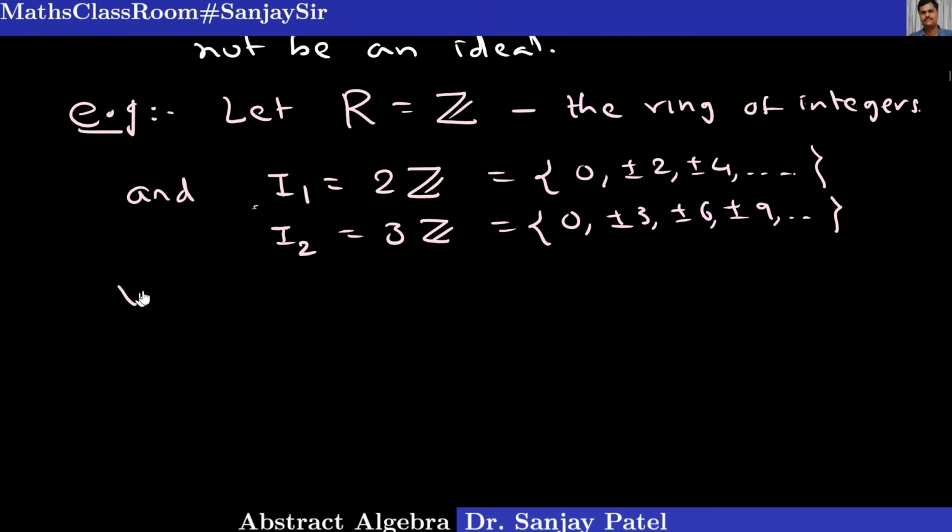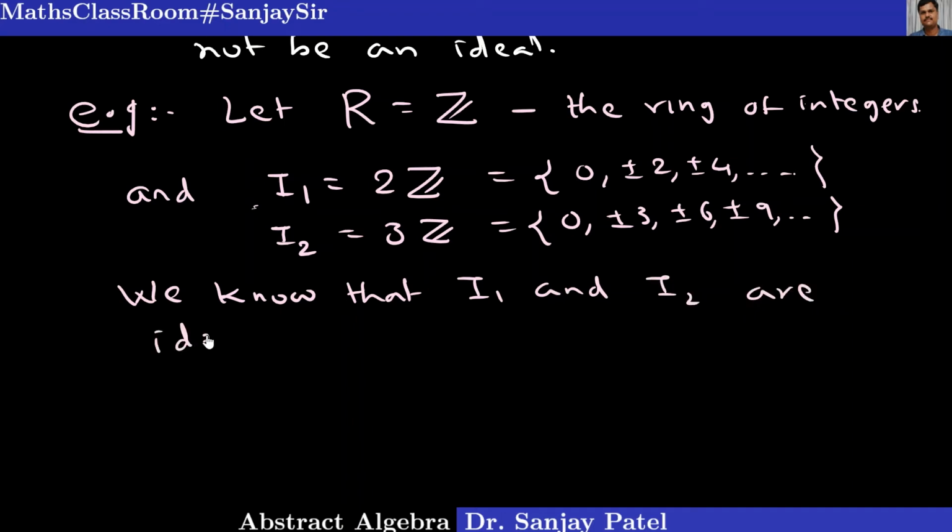We have already proved that I1 and I2 are ideals. These are ideals of the ring Z. Okay.